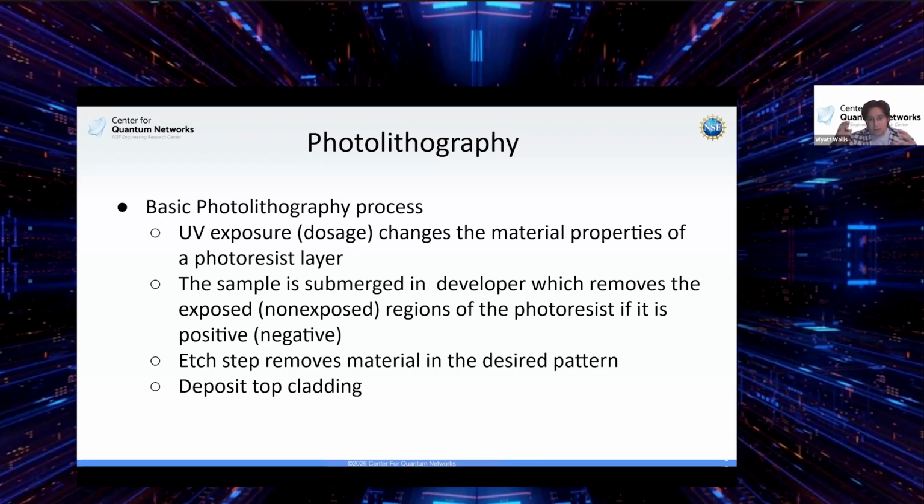After that dosage happens, you take the sample out and find the correct developer for that photoresist, because that developer is designed to work specifically with that photoresist when it's illuminated or not. Whether you chose a positive or negative photoresist will decide whether the developer will take off the exposed regions or the non-exposed regions.